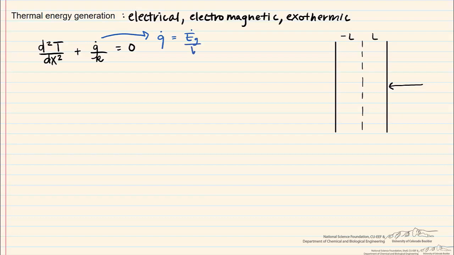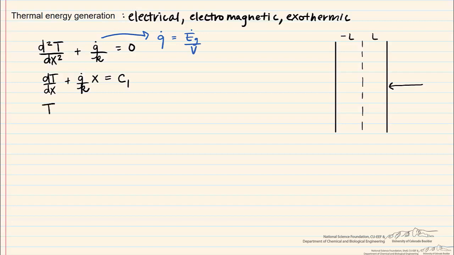So when we integrate this, we end up with the temperature distribution. So the first integration gives us dT/dx plus q dot over k times x equals our first constant.